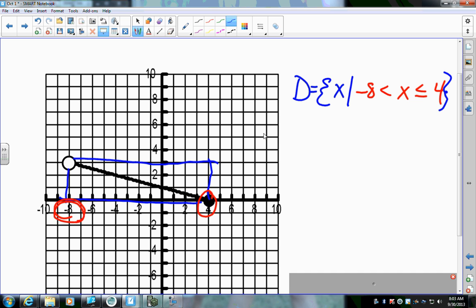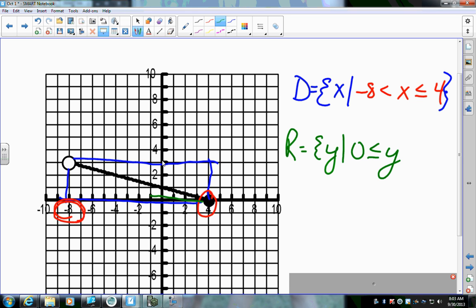My range. My range is my y. Okay. The lowest, what's the lowest my line goes to? 0. Is it equal to 0? Is there a closed dot or an open dot? A closed, so it's equal to. So I put less than or equal to y.